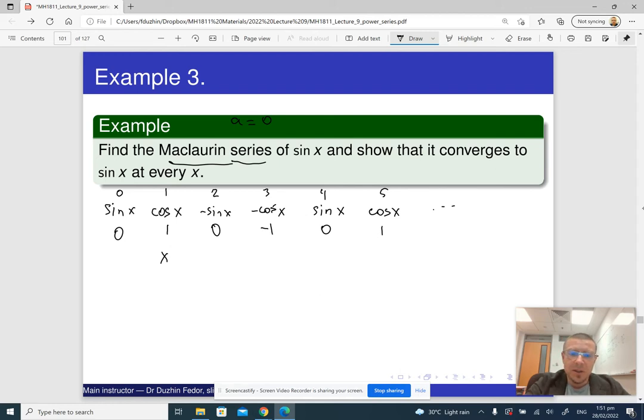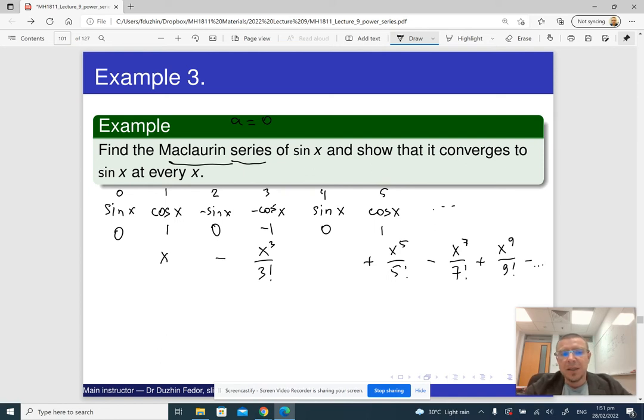Then there is minus x cubed over 3 factorial, plus x to the 5 over 5 factorial, and so on. So they are alternating, and only odd powers are included. So minus x to the 7 over 7 factorial, plus x to the 9 over 9 factorial, and so on.